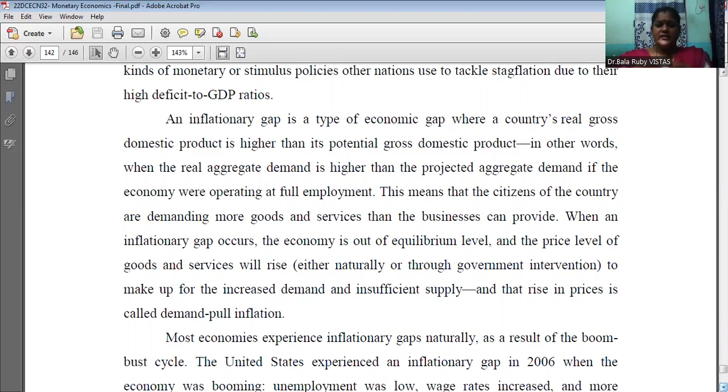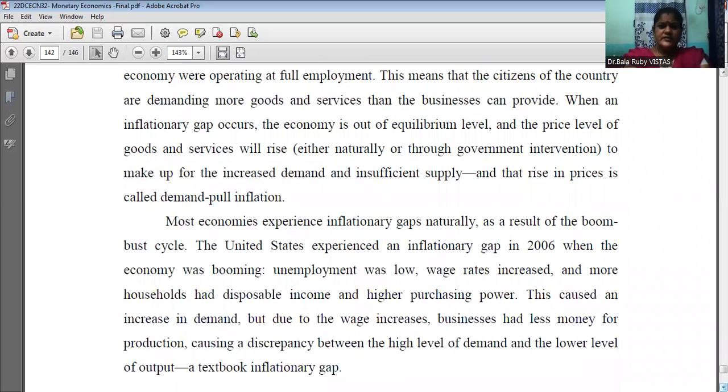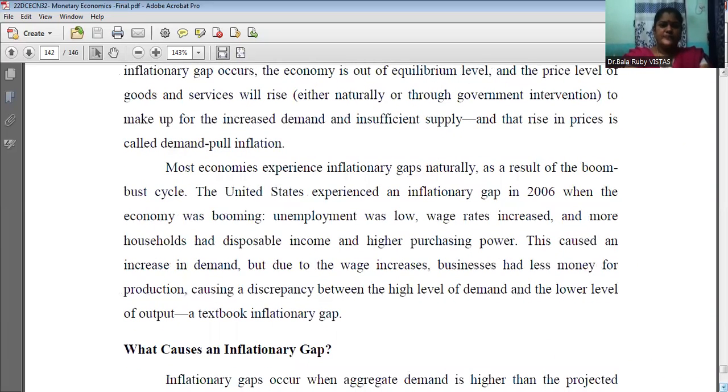So it means that the citizens of the country are demanding more goods and services than the business can provide. When an inflationary gap occurs, the economy is out of equilibrium and the price level of goods and services will rise to make up for the increased demand and insufficient supply. And that rise in prices is called demand pull inflation.